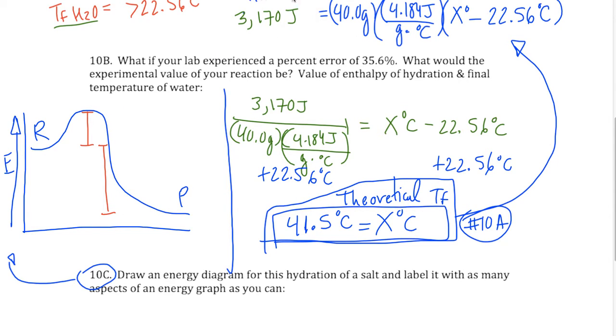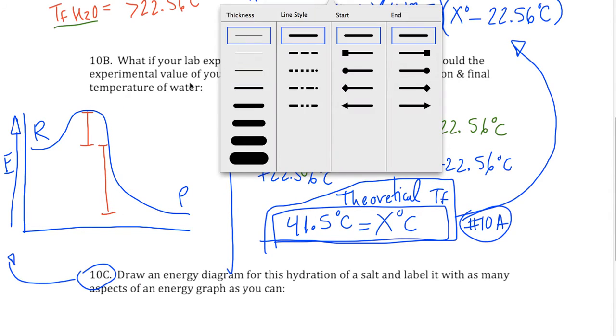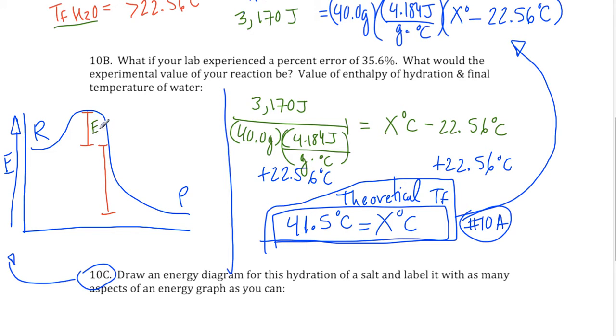What this first line is called, hopefully you know by now, it's called your energy of activation, or your activation energy. So this is the energy that you need to overcome in order to get the reaction started. Down here is another line. This is called your delta E, your change in energy from the reactants to the products.